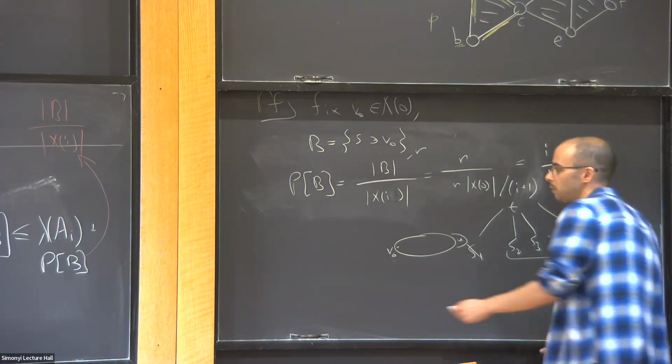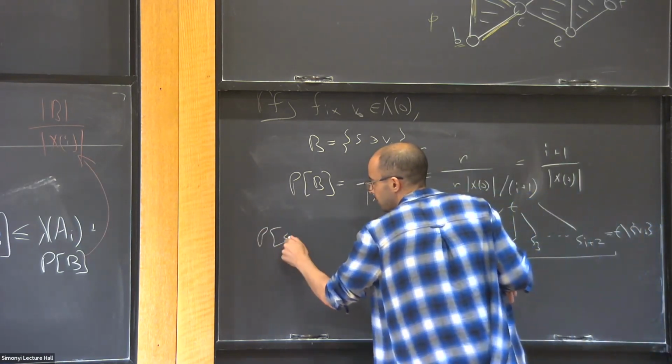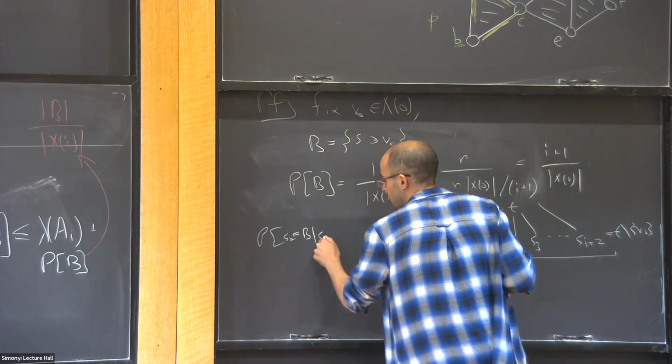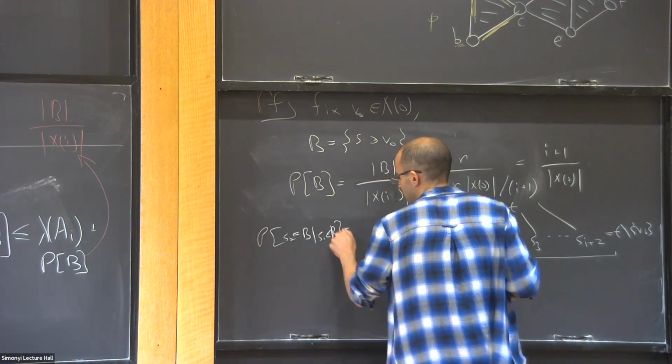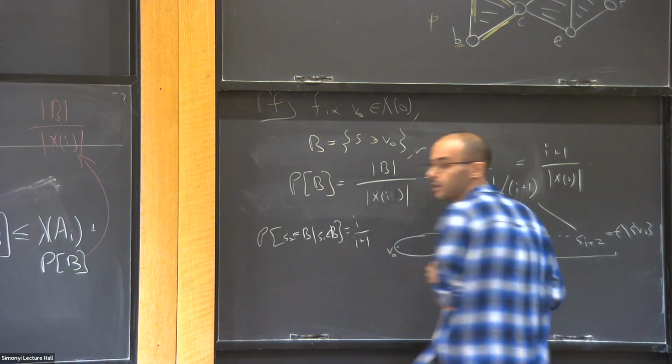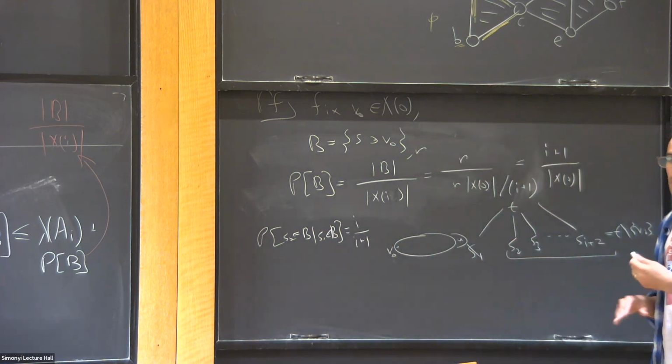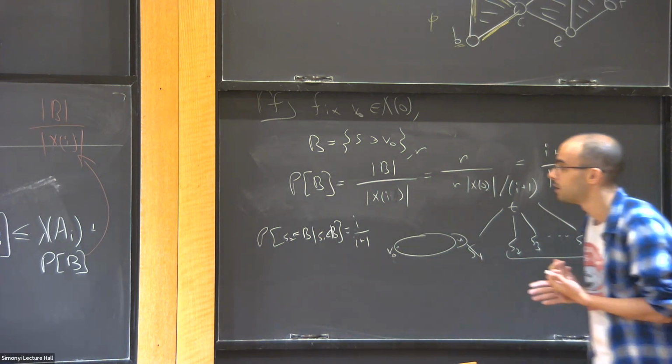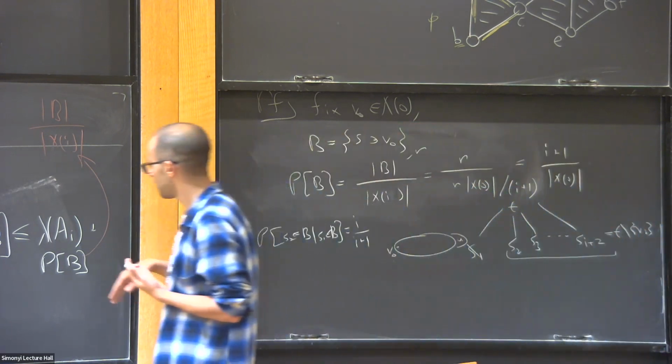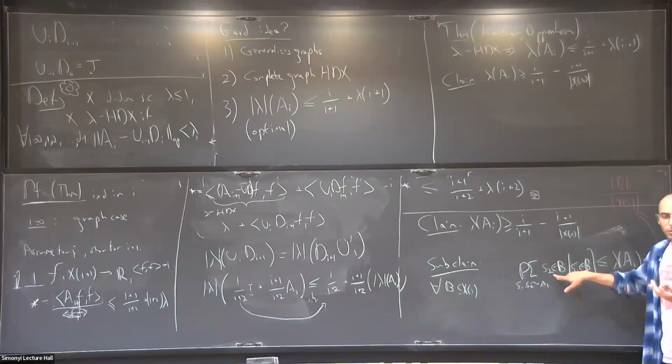So really the probability of staying in place is exactly I over I plus 1. No matter which space I came up to, this is an inherent problem in high dimensional expanders.